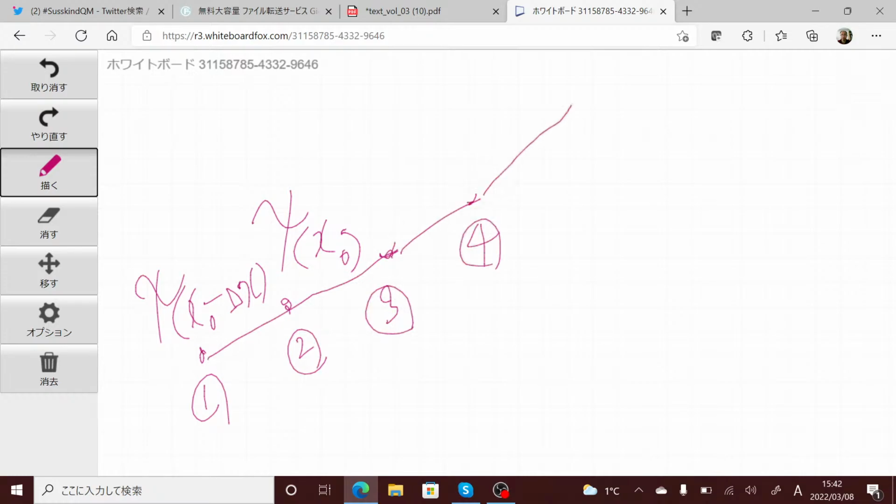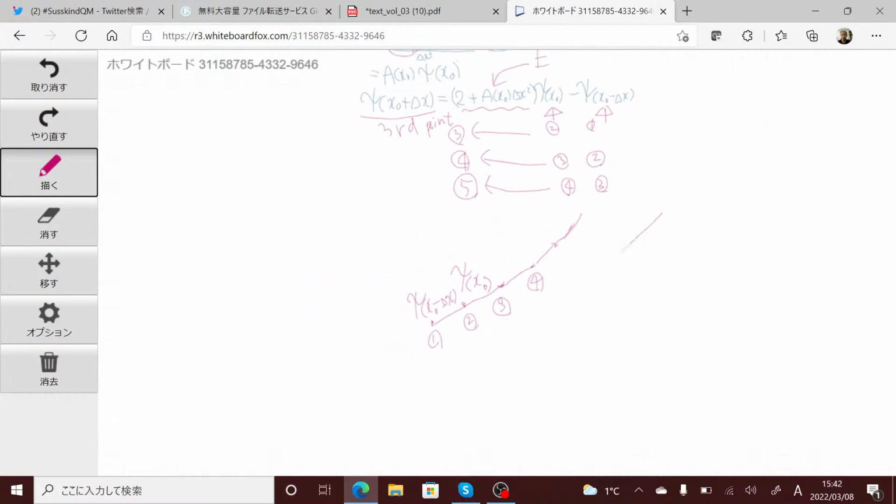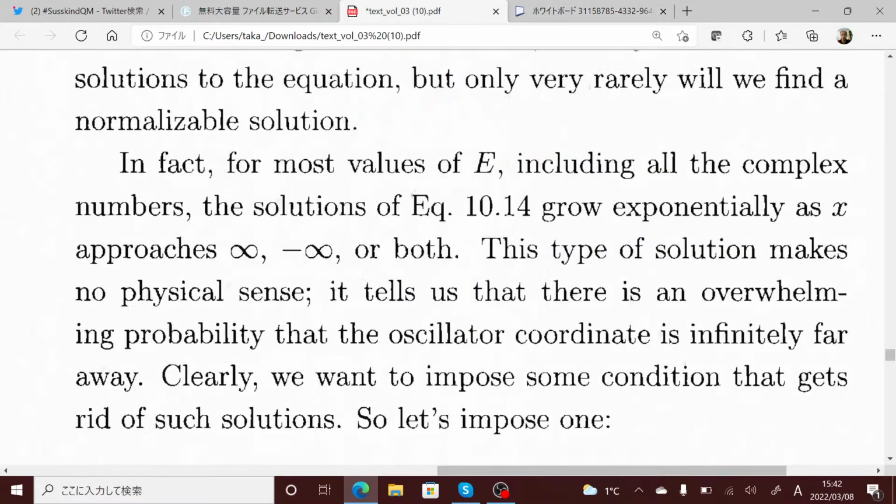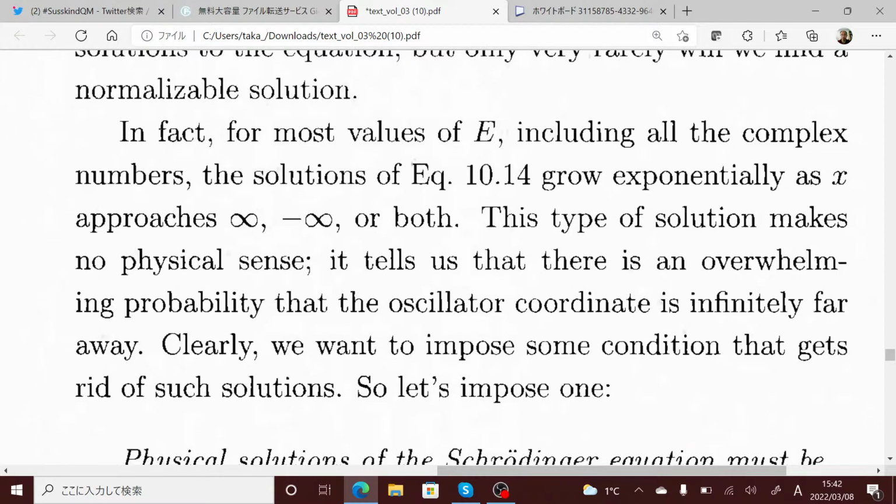So we can easily find them. But this function almost all the time just blows up. So it's very difficult to find a normalizable solution.